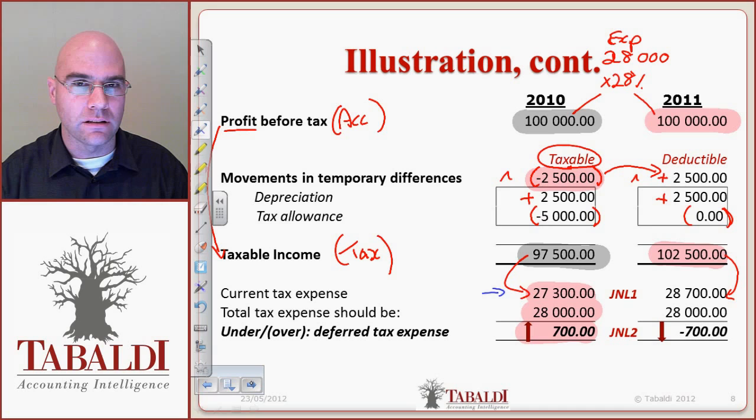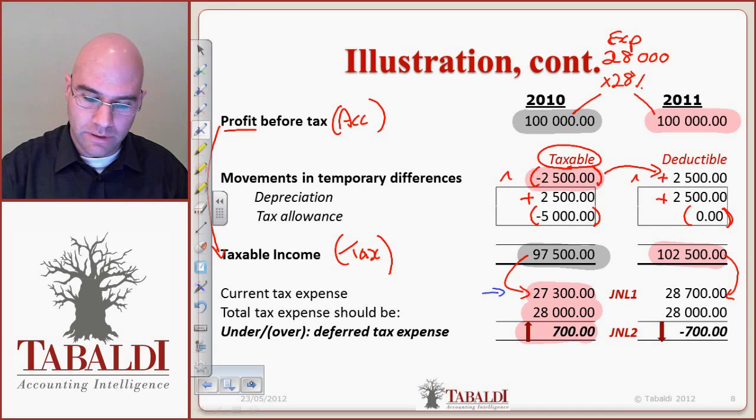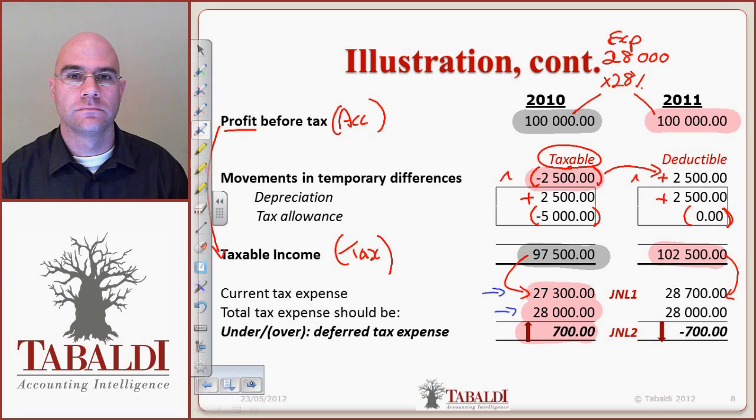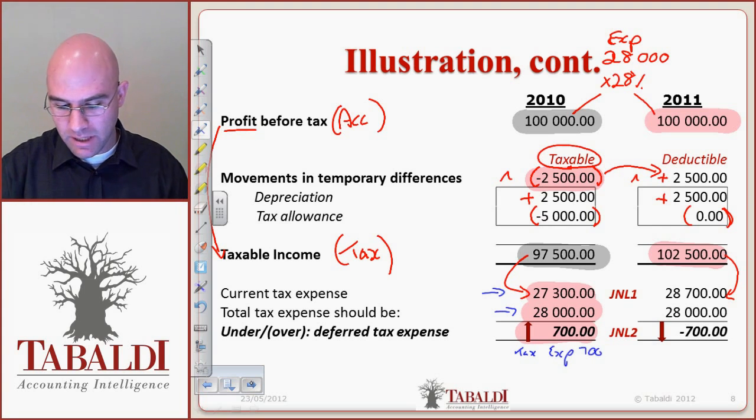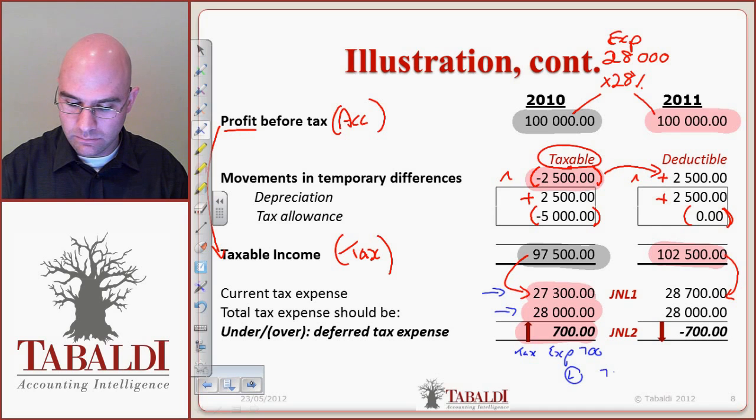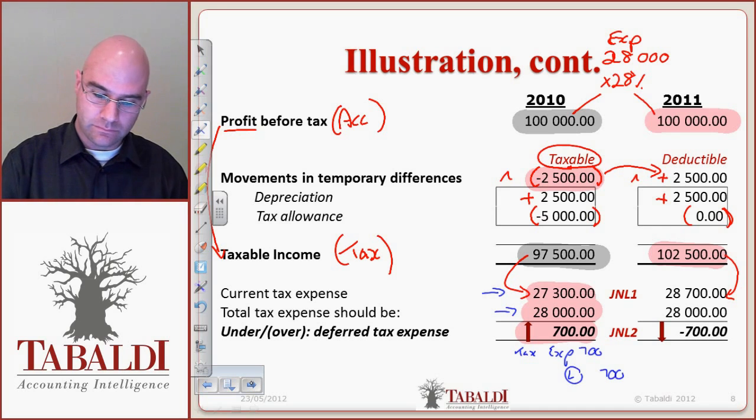But the tax for accounting, ignoring any permanent type differences, that should have been 28,000. So I need to go and increase tax expense by 700, and I'll have some type of liability of 700.